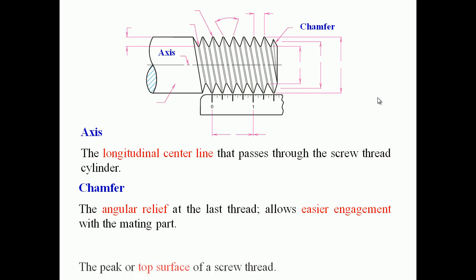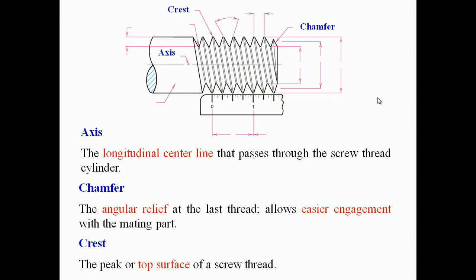The next one is the peak or top surface of a screw thread. If you see the diagram, everywhere there is a peak. The peak or top surface of a thread is known as the crest. This is a term you have to know when you come across any screw thread.